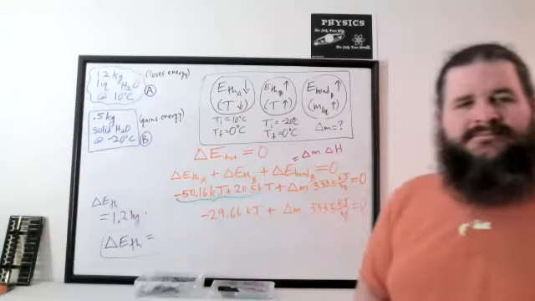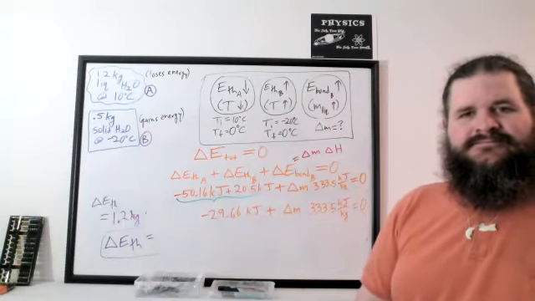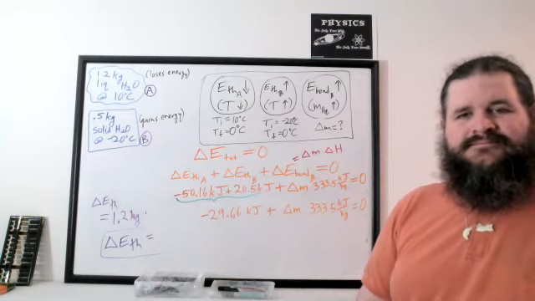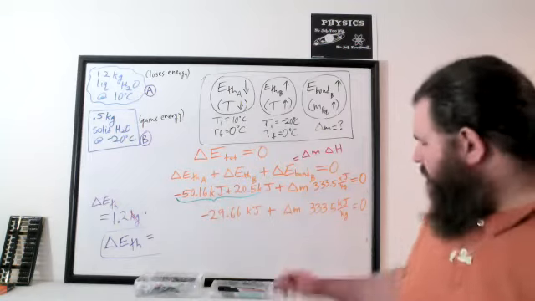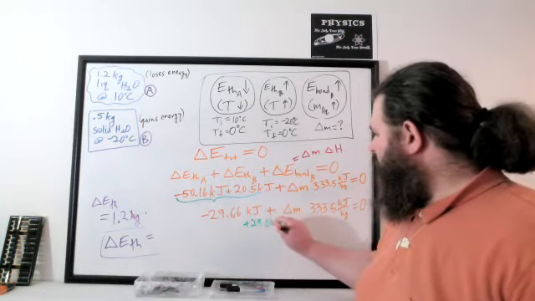And then what? Yeah, we can do that by adding 29.66 to both sides.